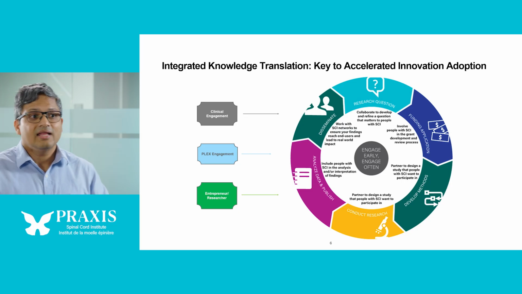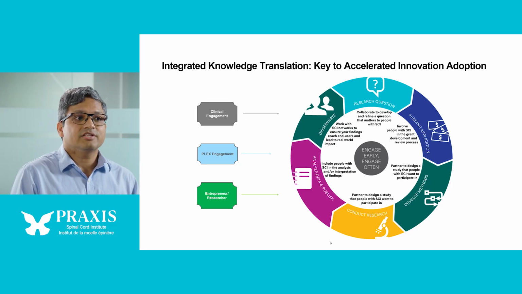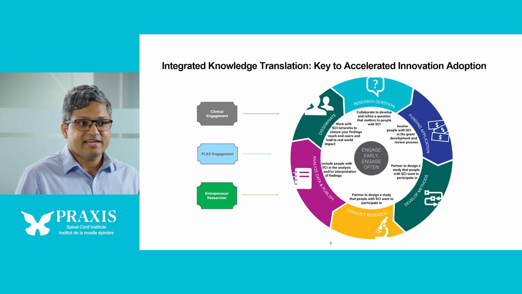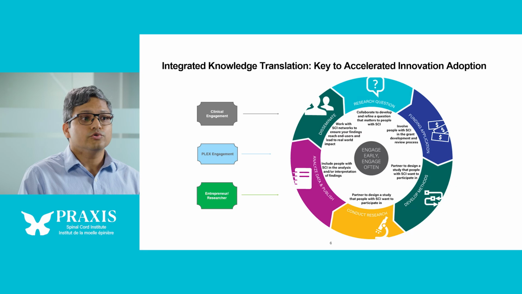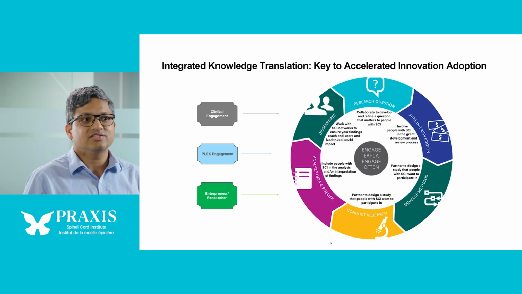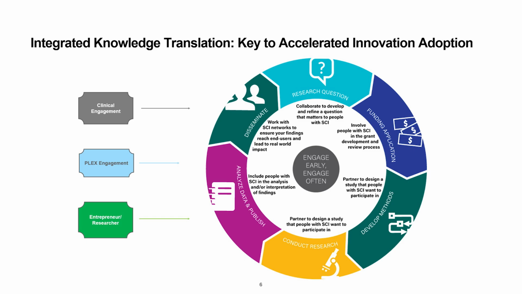And then again, at the end, with the publishing of the data, make sure that you're working with the SCI networks that Praxis can help you with to ensure that your findings reach the end users and lead to real world impact. So that is the cycle of the integrated knowledge translation that we can help engage for you.